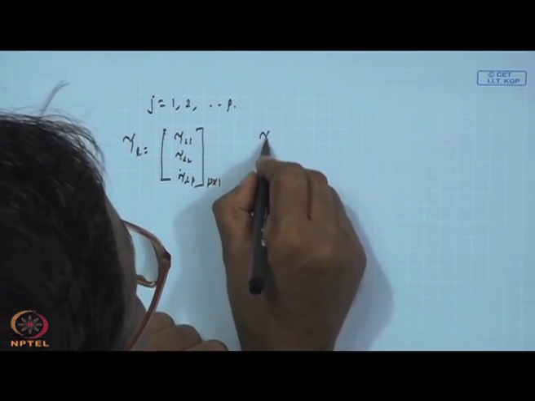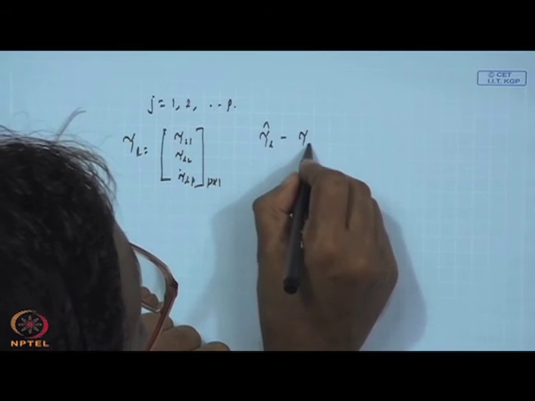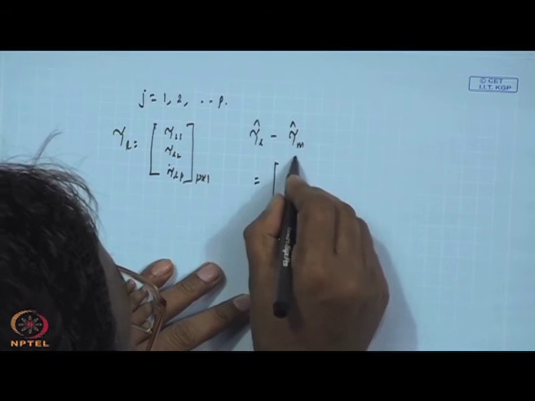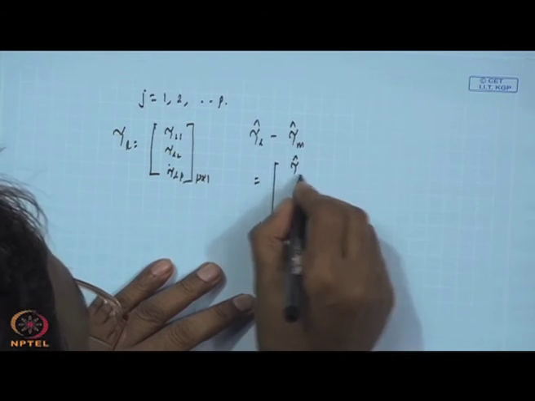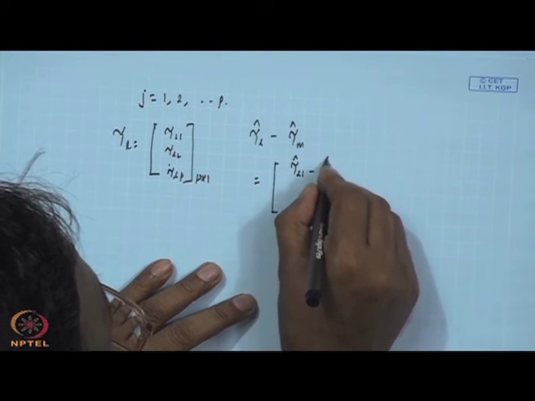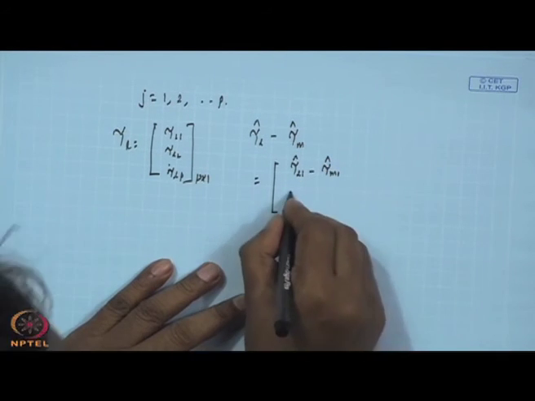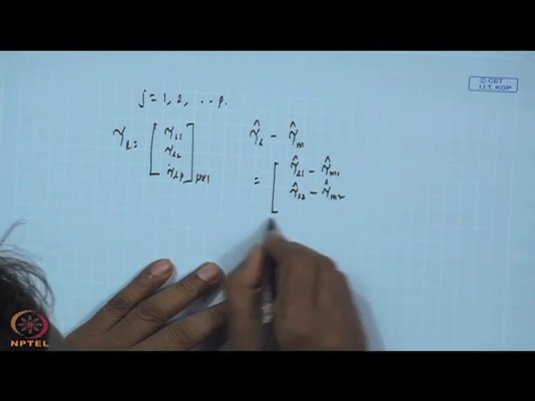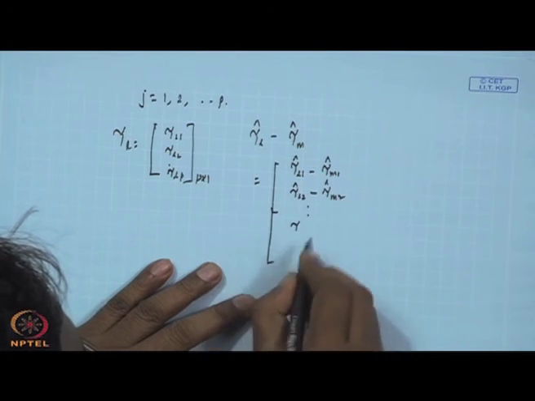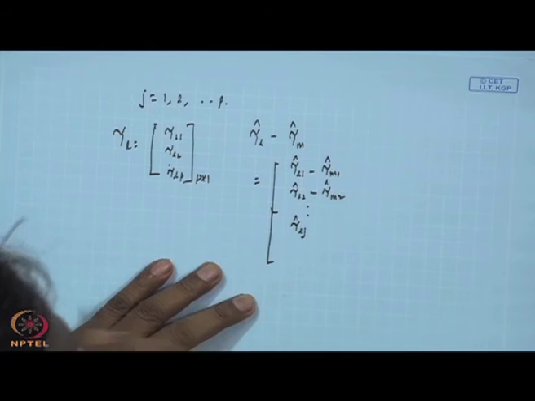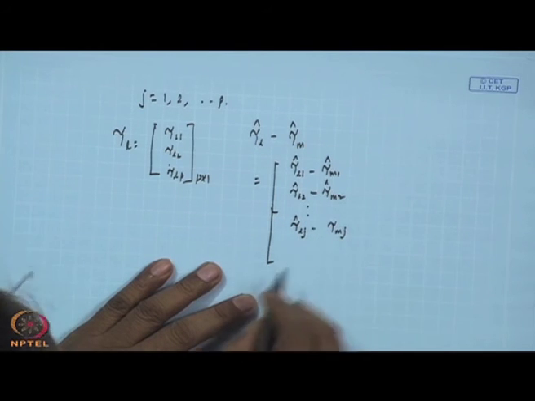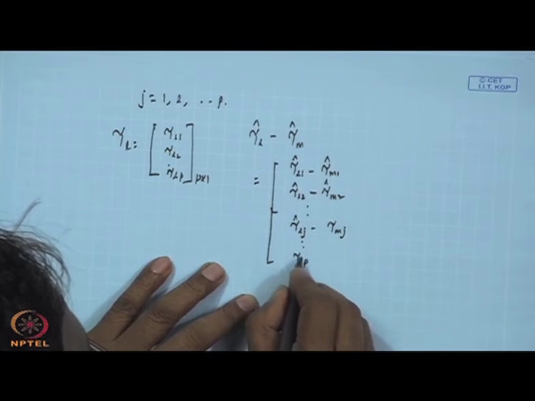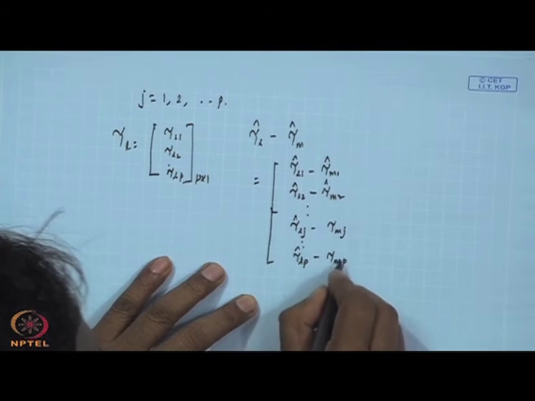When I say that tau L cap minus tau M cap, that means here this is tau L1 minus tau M1, tau L2 minus tau M2. So, like this I can get one point where tau Lj minus tau Mj, then slowly up to the last variable tau Lp minus tau Mp.